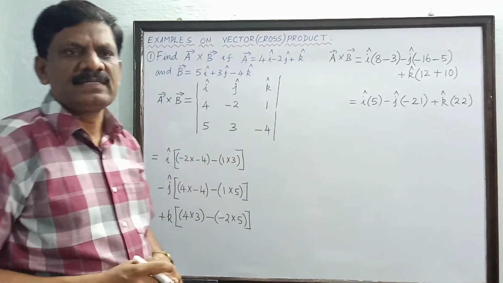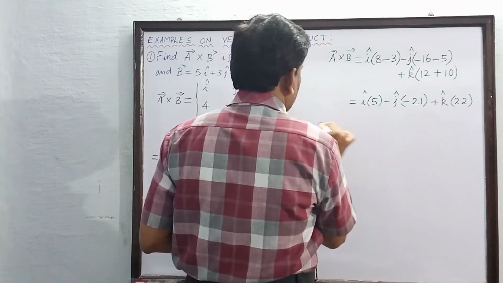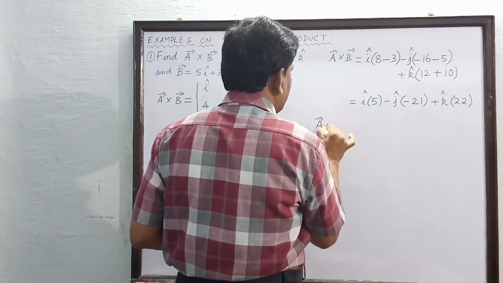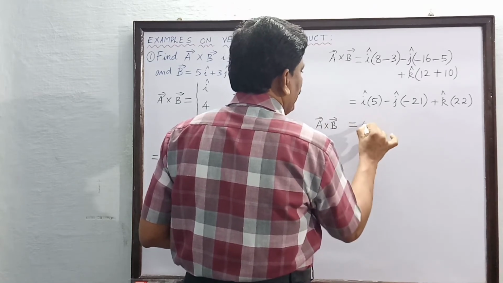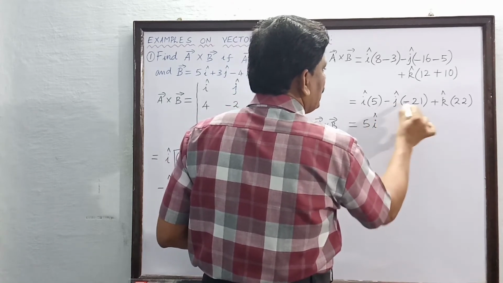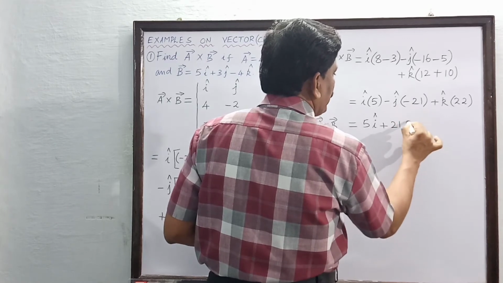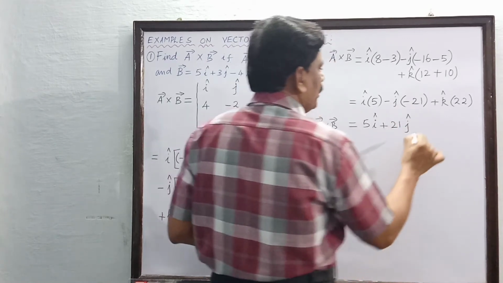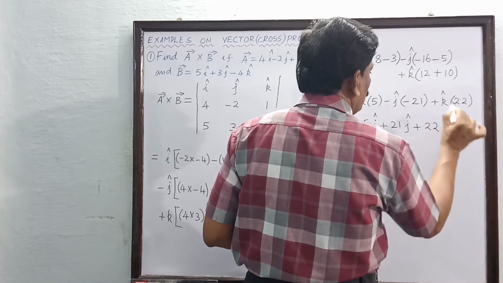This is how we have to find out the components. So vector A cross B is now equal to 5i cap, minus of minus is plus, so plus 21j cap plus 22k cap.